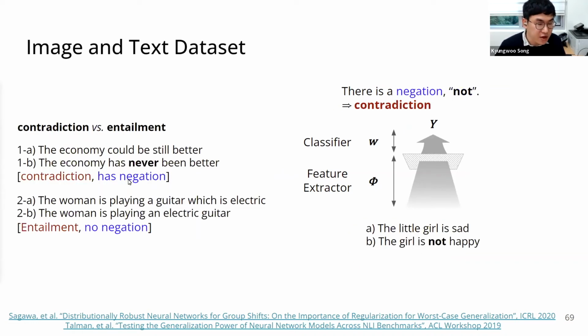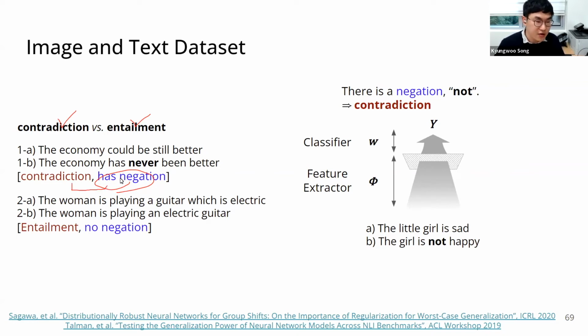The problem is not limited to the image example. We bring the sentence from the MNLI dataset, one of the benchmark datasets for NLP. The task of MNLI is to predict whether two sentences have a contradiction relationship or an entailment relationship. Among the dataset, most contradicted sentences have negation expressions. Therefore, it is enough for the machine to learn the correlation between negation and contradiction.